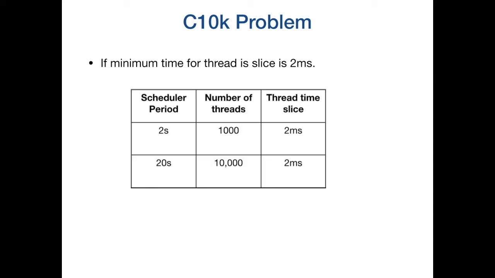If a minimum time for the thread is 2 milliseconds, and accordingly we set the scheduler period, then to execute 1000 threads, the scheduler will take 2 seconds. If there are 10,000 threads, then it will take 20 seconds to complete one cycle of the execution. Each thread will have to wait for 20 seconds for its next execution. So the application is going to become less responsive.